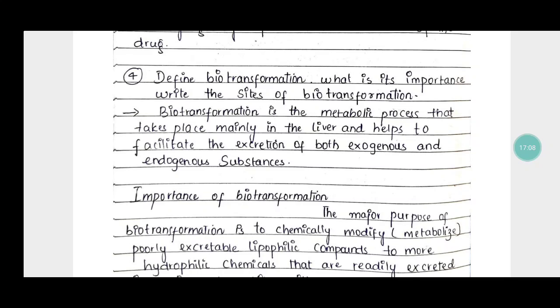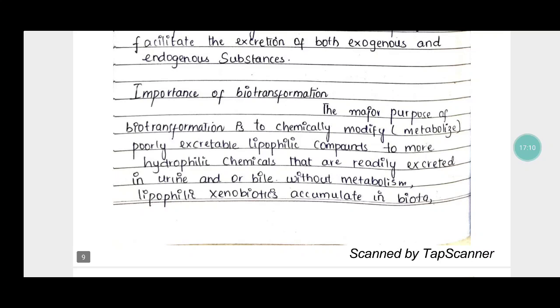The importance of biotransformation is that it chemically modifies or metabolizes poorly excretable lipophilic compounds to more hydrophilic chemicals that are readily excreted in urine and or bile without metabolizing.